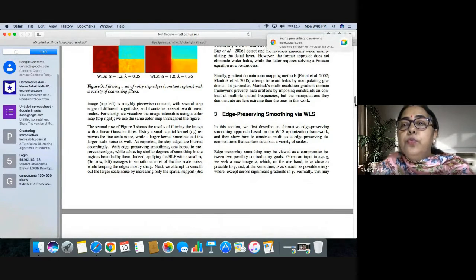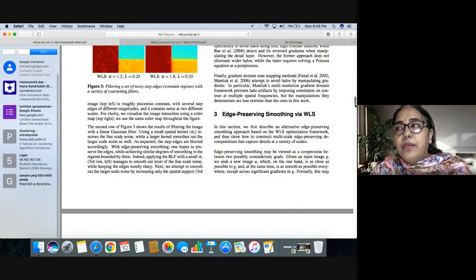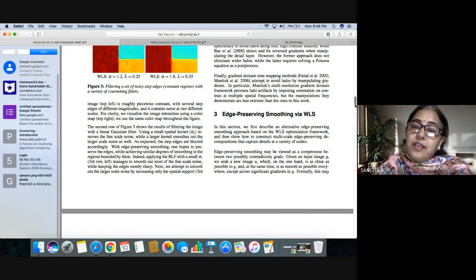Edge preserving smoothing may be viewed as a combination of two possibly contradictory goals, because we want to keep the edges, but there are a lot of intensity changes that are not edges, that is, for us some noise or artifacts.